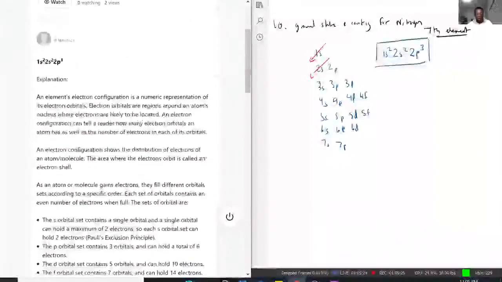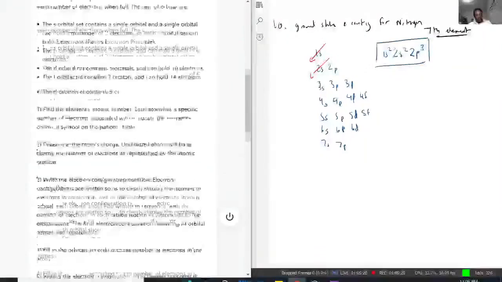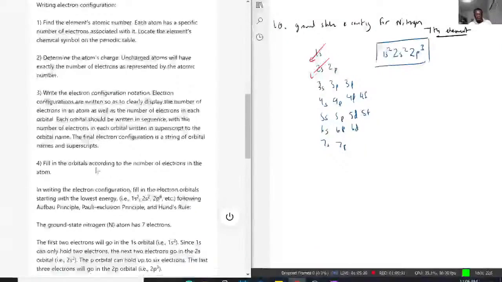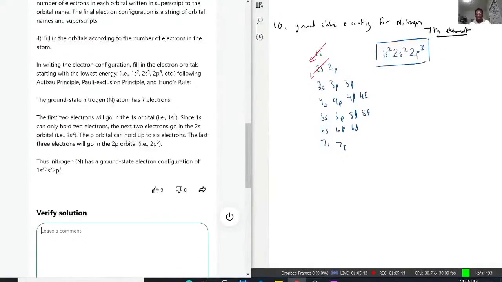They explain how they got it: exactly because ground state nitrogen has 7 electrons, it needs to fill in the orbitals accordingly, hence how we got 1s2, 2s2, 2p3. With that, this is correct.